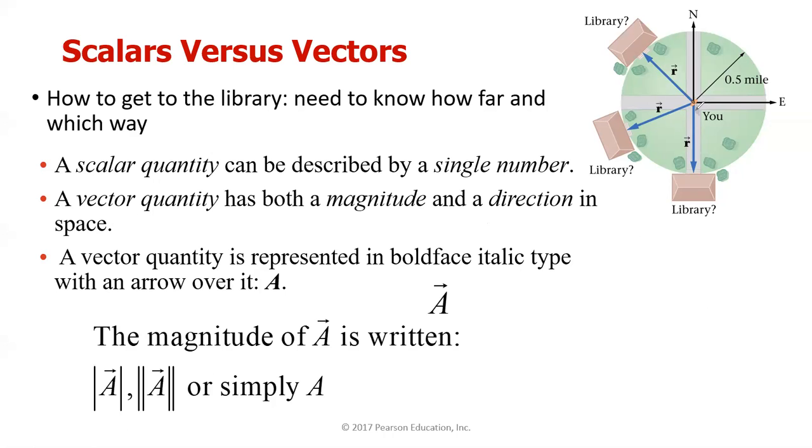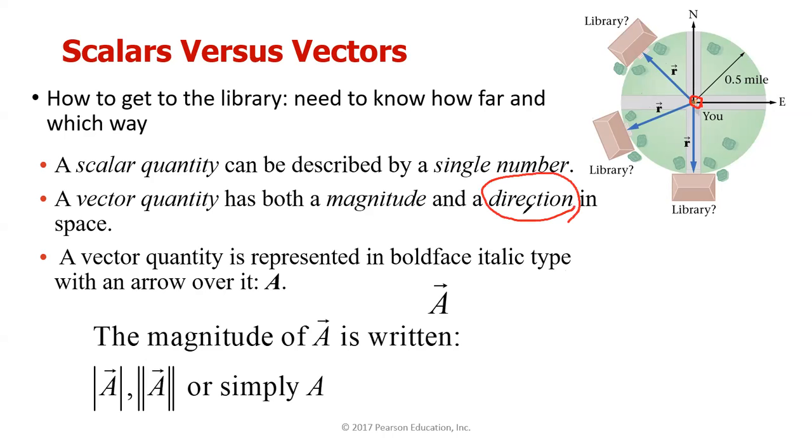If I use this diagram, somebody is asking how to go from here to the library. You just say, okay, walk half a mile. I'm pretty sure this person will be very confused, because you can go from here to here, here to here, and he will have to do multiple trips to find the library, because you missed some information: you did not give the direction.